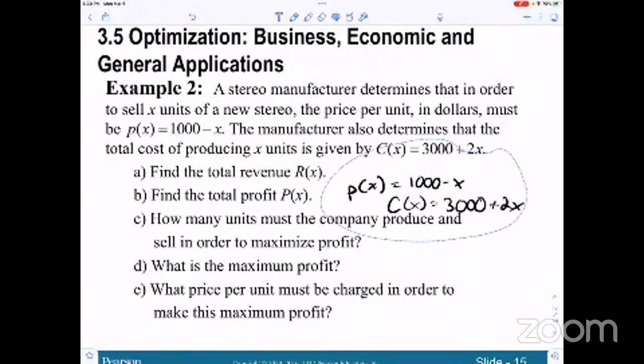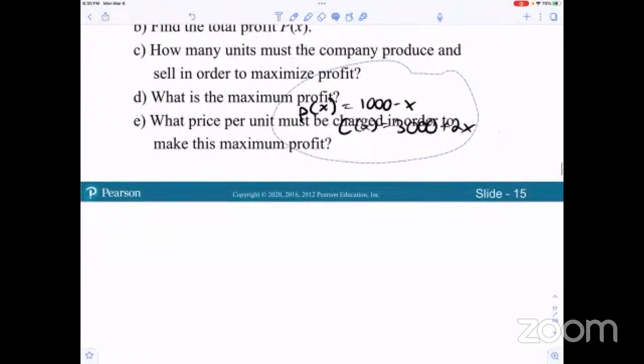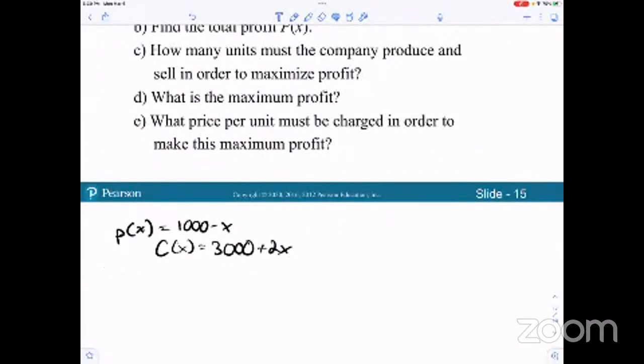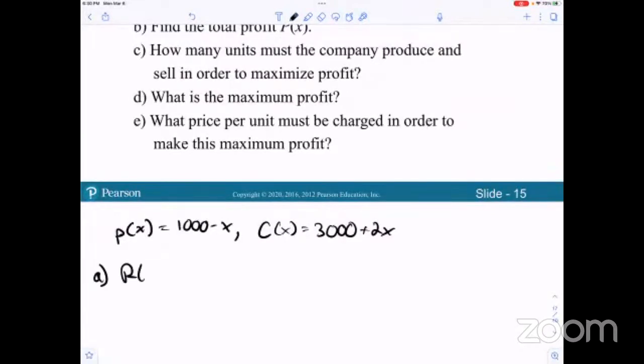For part A, our revenue function: if we have the price per unit, we multiply by the number of units produced and sold at this price. So that's going to be X times P of X. X is our number of units produced and sold, and P of X is the price per unit.